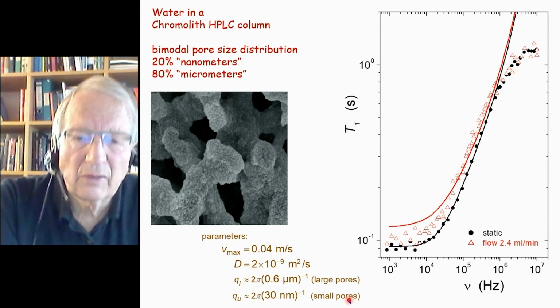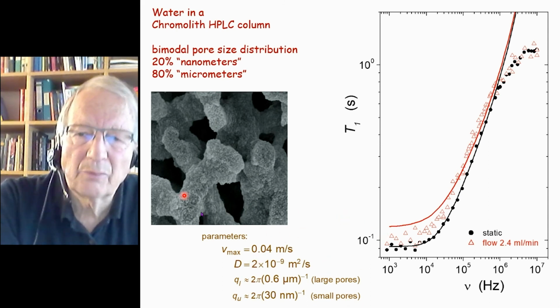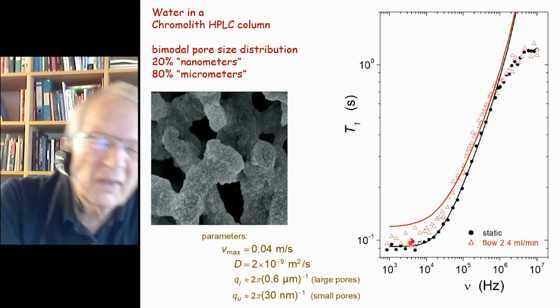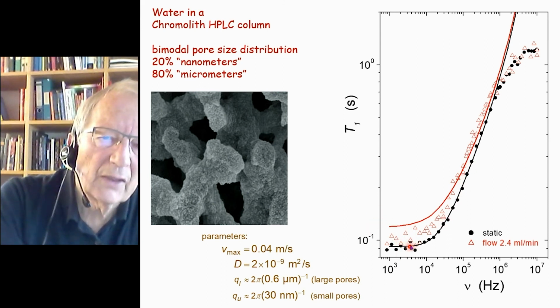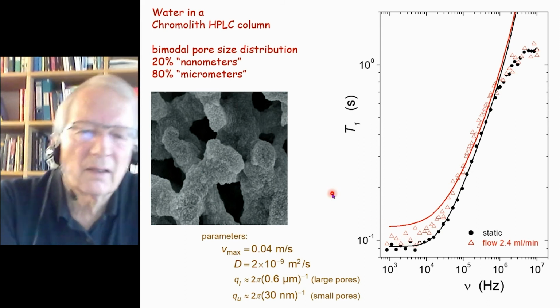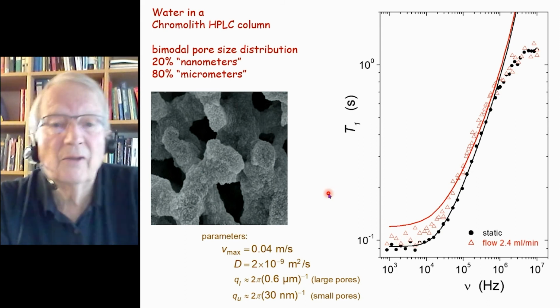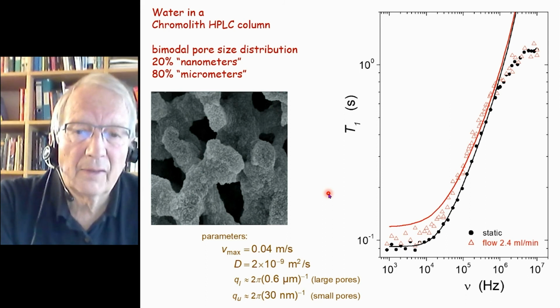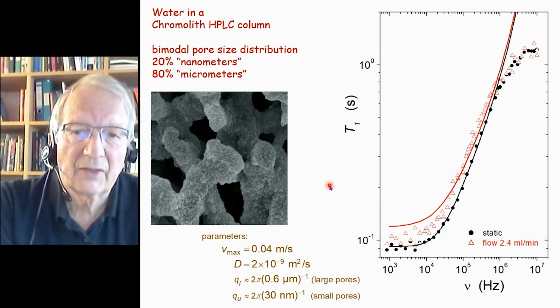So it's a reasonable range predicted for this material, and we have this effect. The effect is small, it's definitely small, but it's finite, and this shows that we can influence spin lattice relaxation by this flow process.